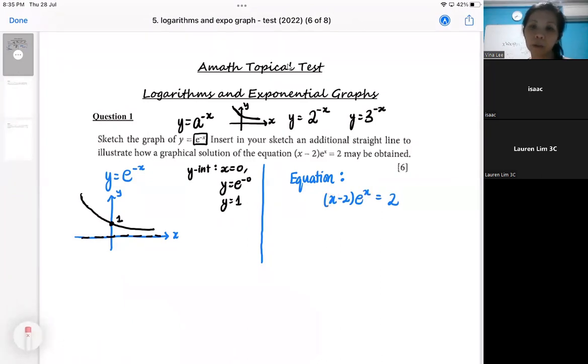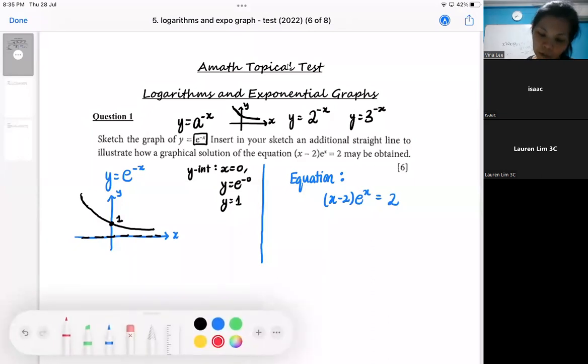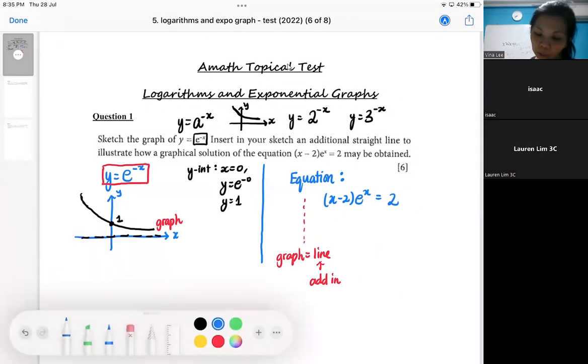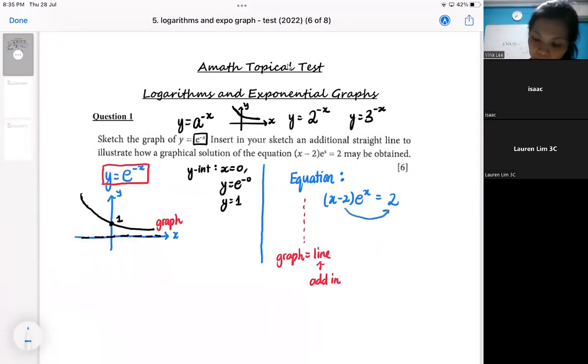That means I'm going to manipulate the equation so that I can achieve the graph, and there will be a line that I can add in. I'm going to manipulate in order to achieve the graph that I just drew. Isaac, if you take a look, you can manipulate something like this.